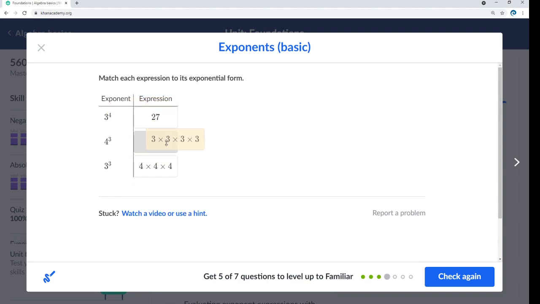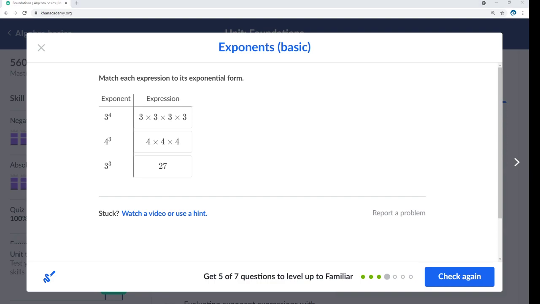I need to actually... What? Match each expression to its exponential form. Oh, okay. Is that right? This doesn't seem right. I don't know why this is here.